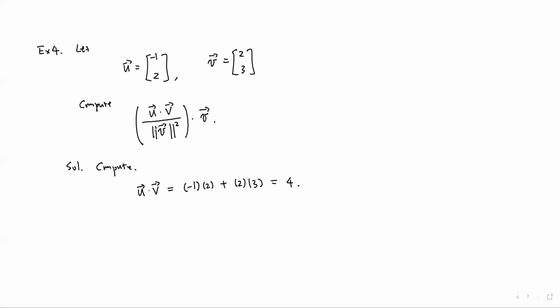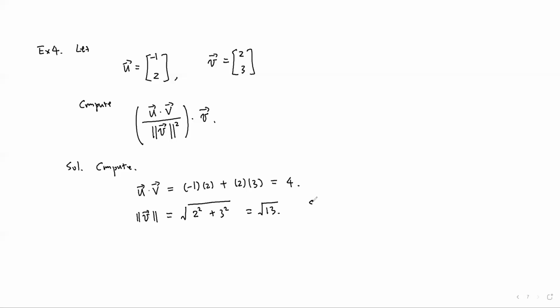Next, compute the length of vector v. By formula, it is the square root of 2 square plus 3 square. So it is square root of 13.